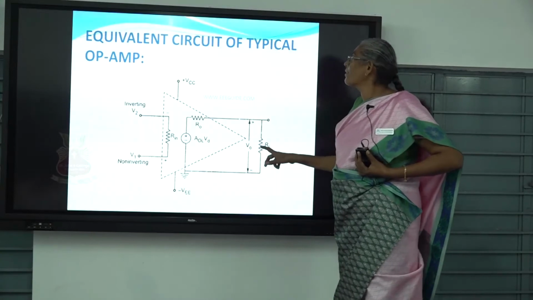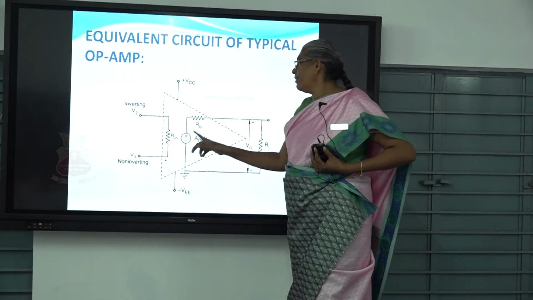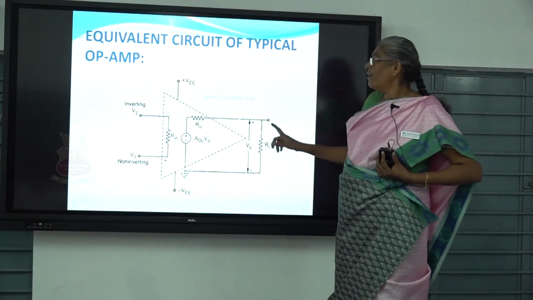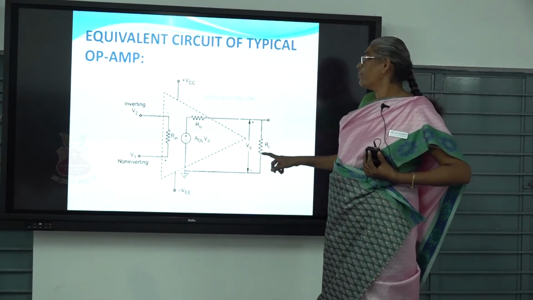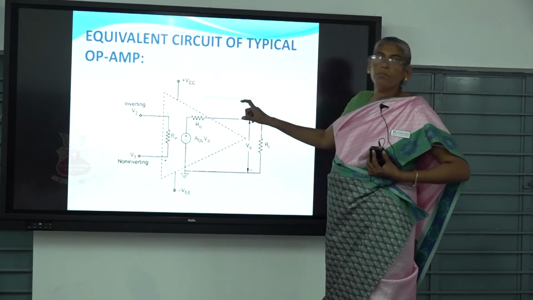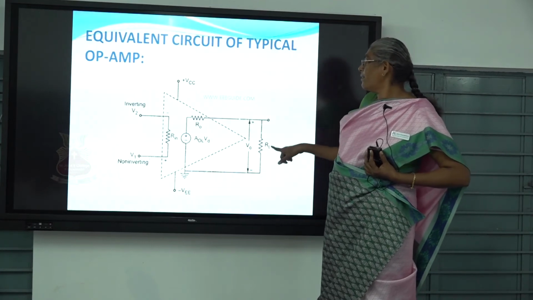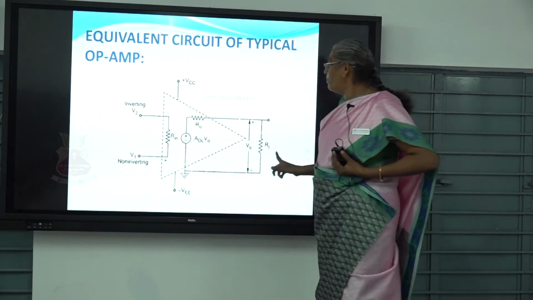This is the equivalent circuit of a typical op amp. We know RIN, R0 and RL. Then we find the gain. Gain equals output divided by input voltage. Output voltage we get across RL.